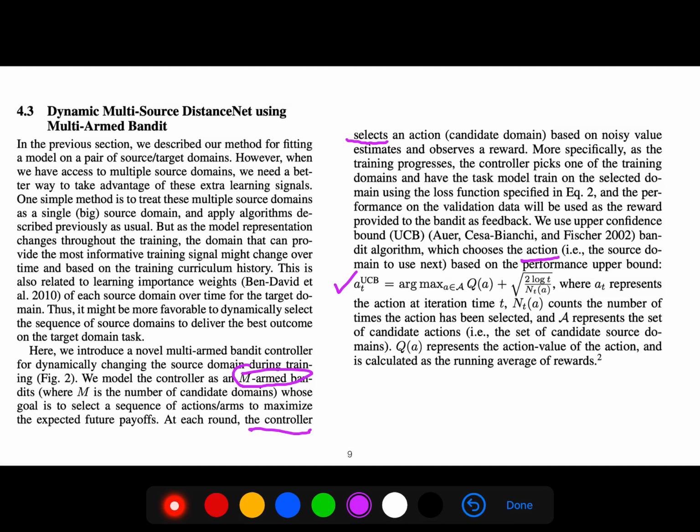Which domain should be selected? And this Q_a here is just the action value. For each action we have a value, calculated as the running average of rewards. And this n sub t counts the number of times the action has been selected.